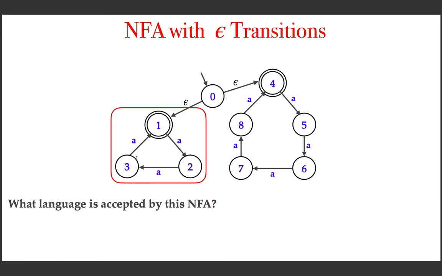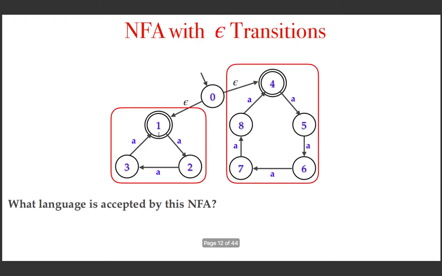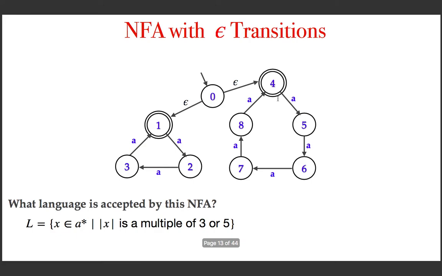If you are moving into this component, then you are accepting a string of A's of length multiple of 3. Similarly, if you are moving into the other component, you are accepting strings whose length is a multiple of 5. So the language is the set of all strings X over A such that the length of the string X is a multiple of 3 or 5.